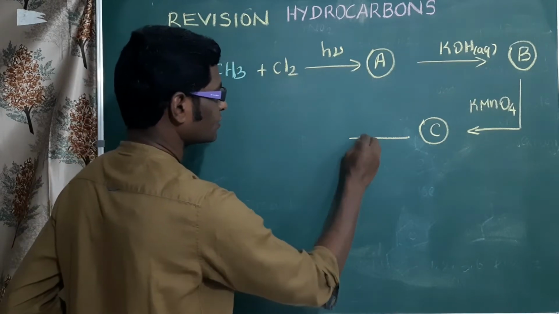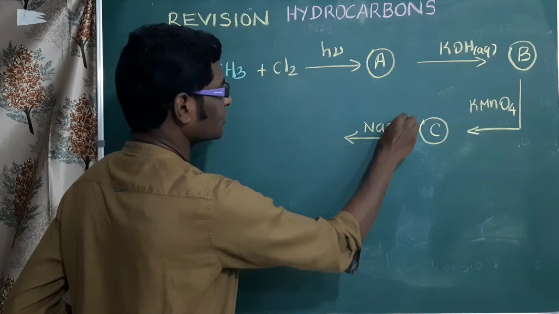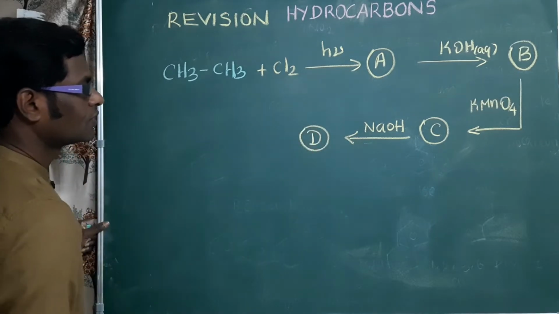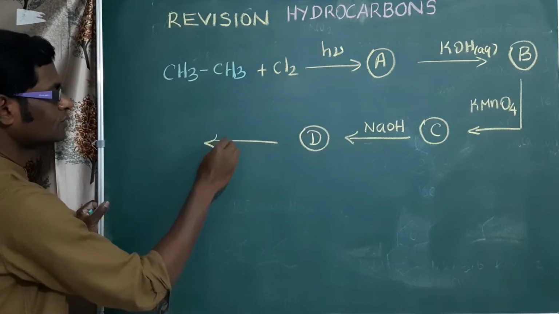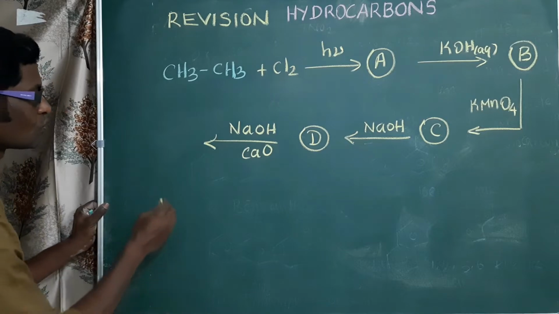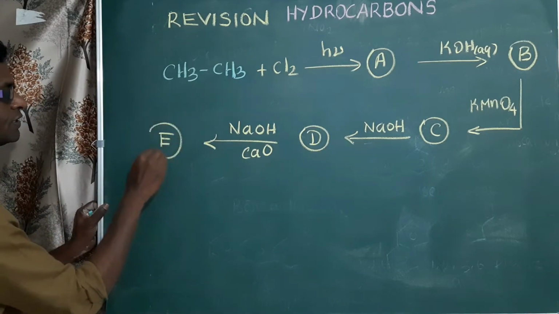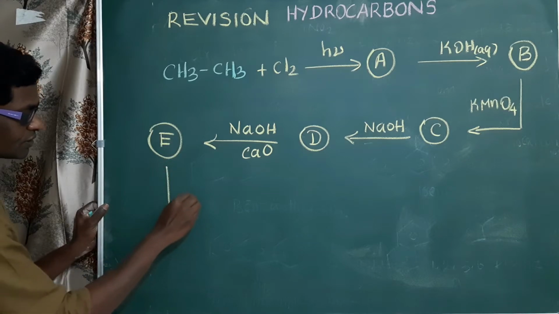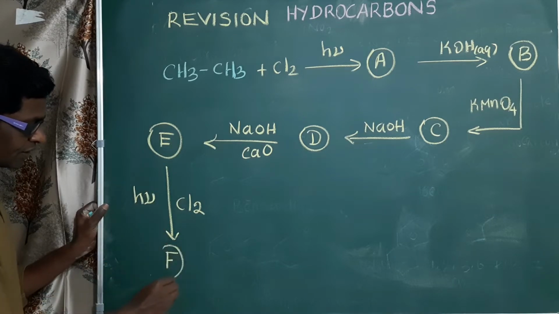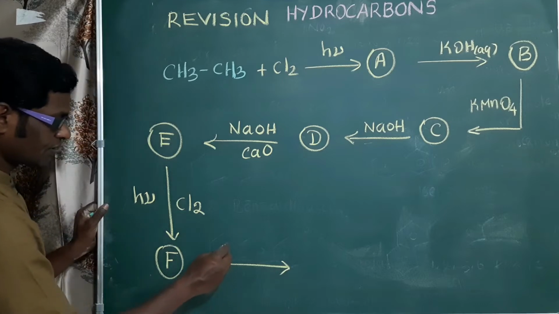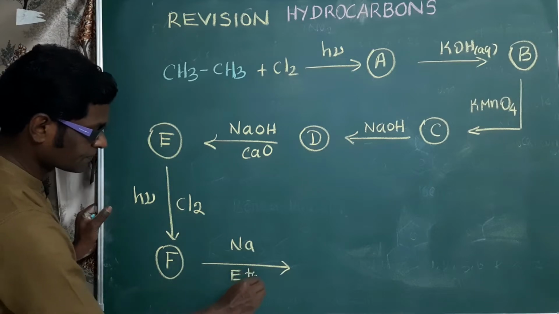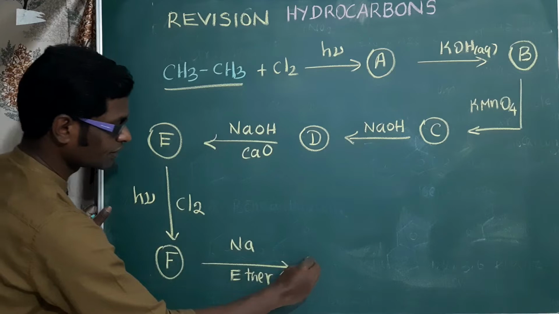C treated with sodium hydroxide, we will get D. D treated with 3:1 ratio of sodium hydroxide and calcium oxide, collectively called soda lime, we will get E. When E is treated with chlorine in presence of light, we will get F. F treated with sodium in presence of ether, again we will get ethane.